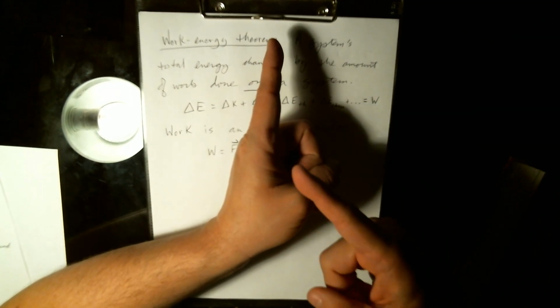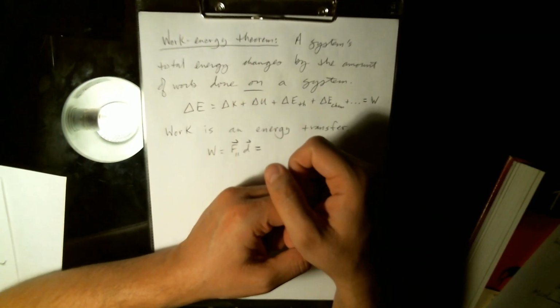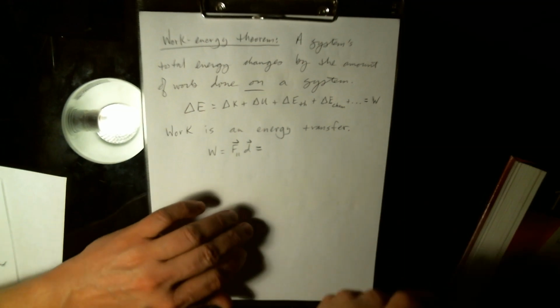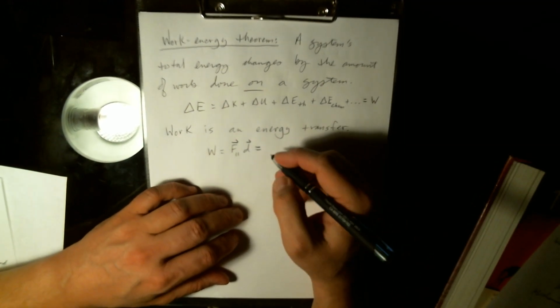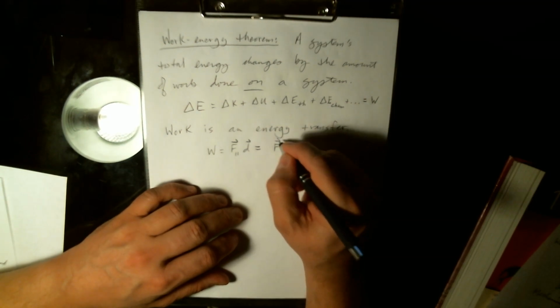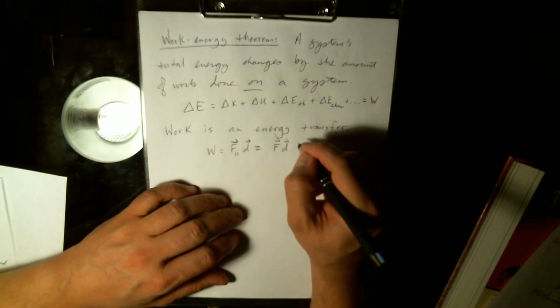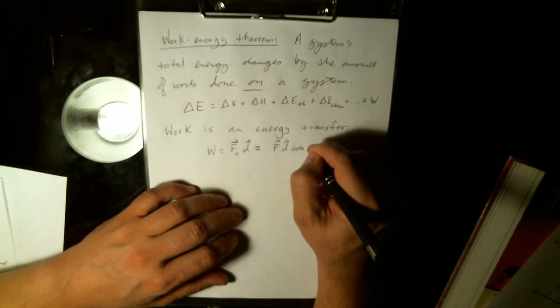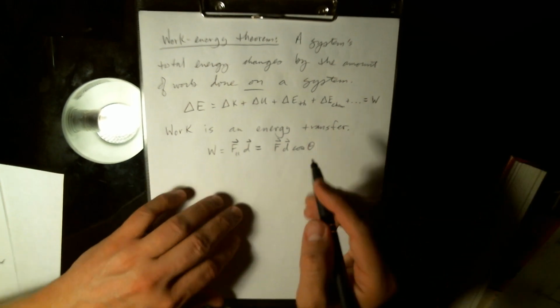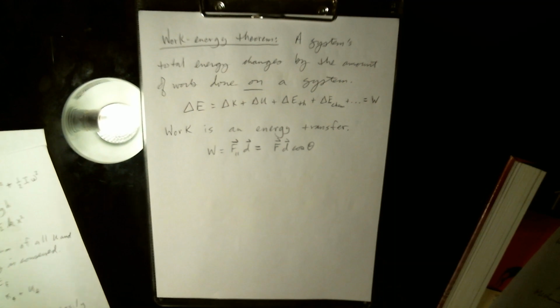So then I have my force going this way and my displacement going that way. If there's an angle between the force and the displacement, you should remember from last year that the work is then equal to the force times the displacement times the cosine of theta, where theta is the angle between the force and the displacement.